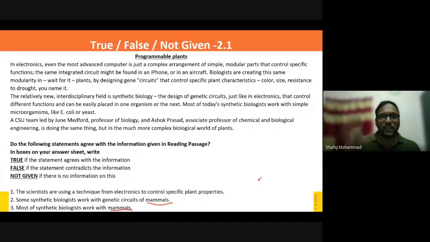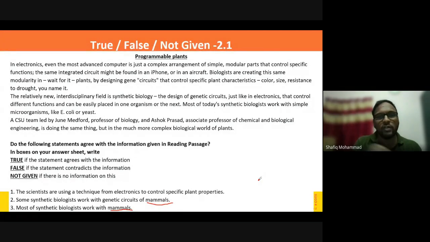The knowledge which he or she has in that particular field, even if it is related to that reading passage, you should not bring in. Whatever you know is set aside. What is there in the passage, according to the question, if that is true, false, not given, you should answer according to the passage. Whatever specialist knowledge you have, keep it aside and answer according to the passage.